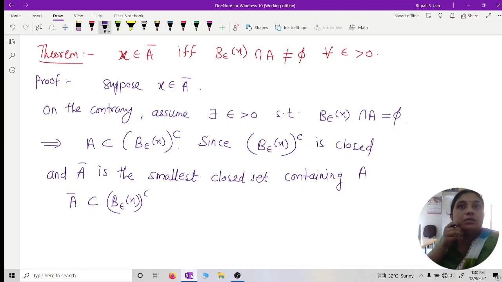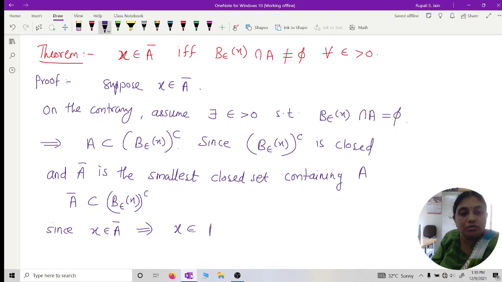Now, what does this imply? Since X belongs to A closure, this implies X belongs to B epsilon of X complement also, right?